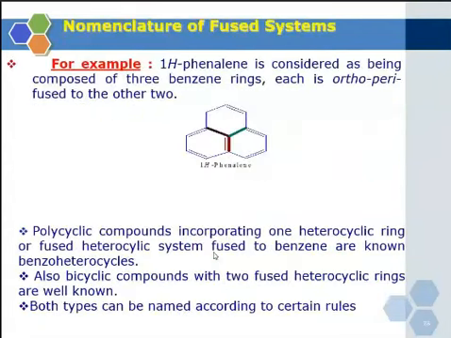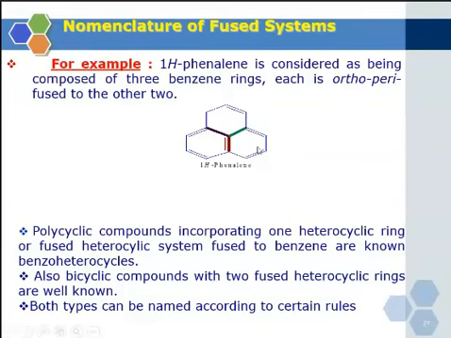For simplification, here we can see the structure. It is the structure of phenalene. Here we can see it is the structure of 1H-phenalene, which is considered an ortho-peri-fused compound. Here, this phenalene is considered as being composed of 3 benzene rings. Each is ortho-peri-fused.